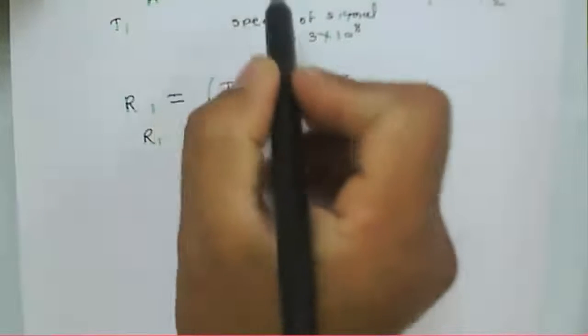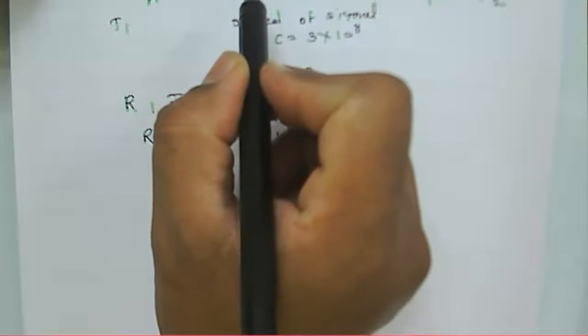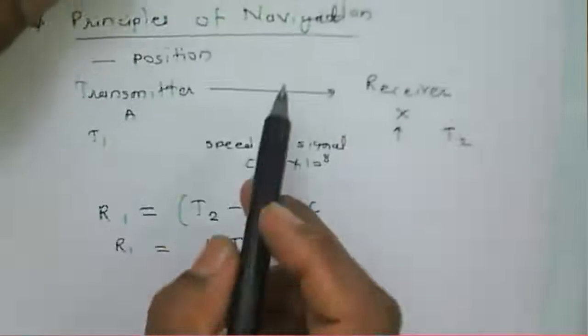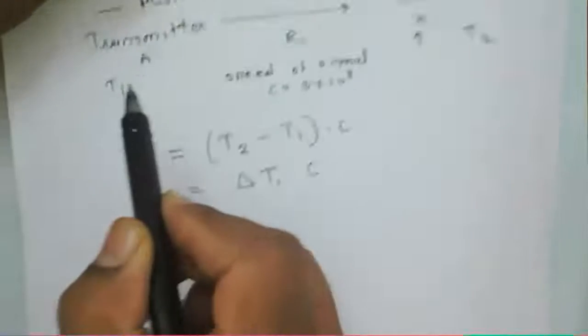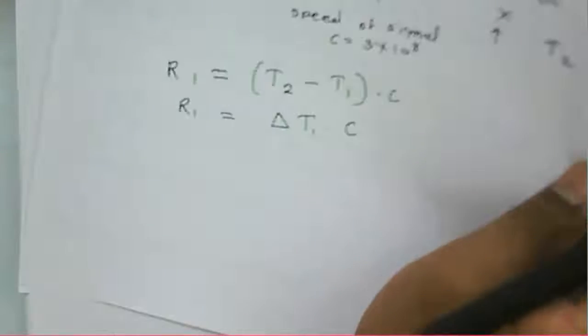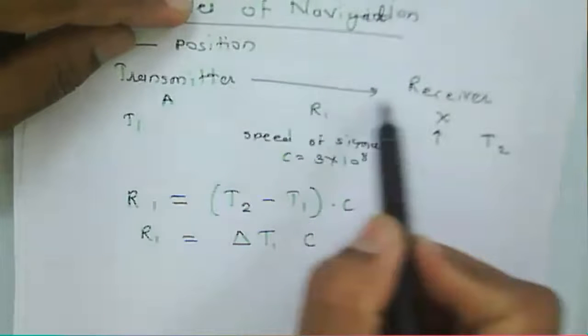So we can calculate r1, the distance from the transmitter to the receiver. That is the range: R is nothing but the range between the transmitter and the receiver, or the distance between these two devices.